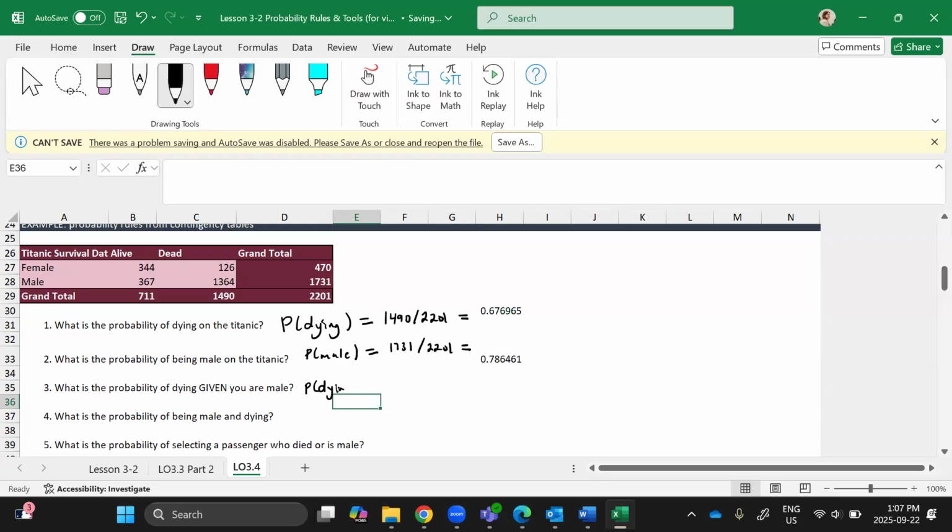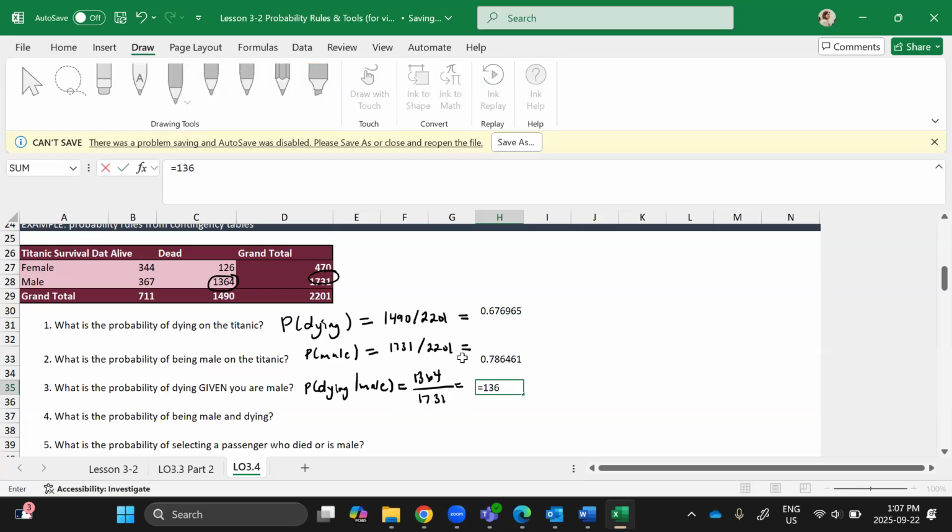The probability of dying given male, from a contingency table, is the probability that you're dying and male, where they both happen together, 1364, divided by, given you are male, the total males, 1731. 1364 divided by 1731 is about, again, 78%. It is slightly different than the earlier 78% though, so be careful. They are slightly different numbers.